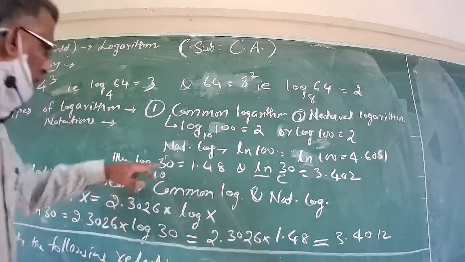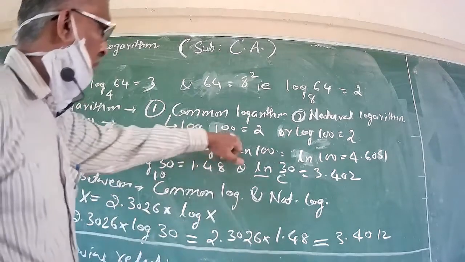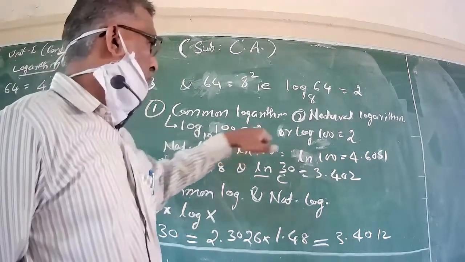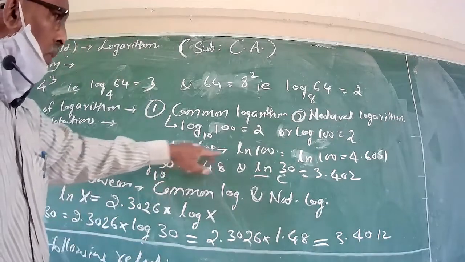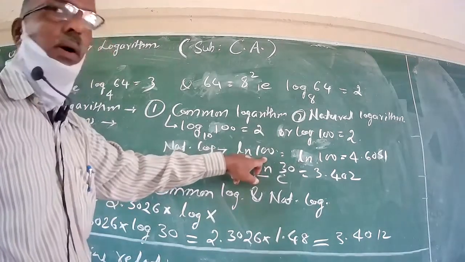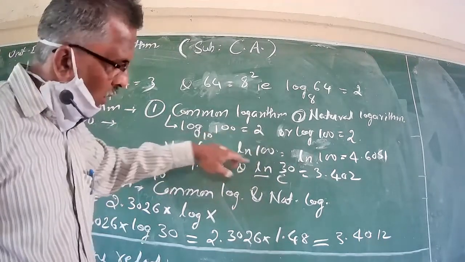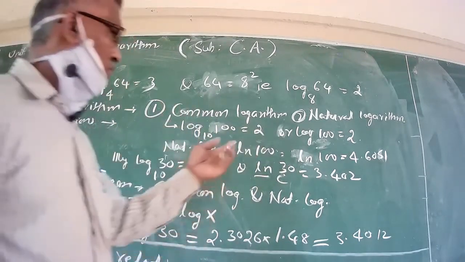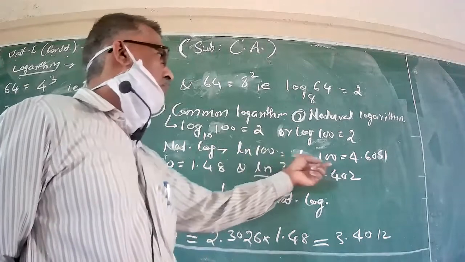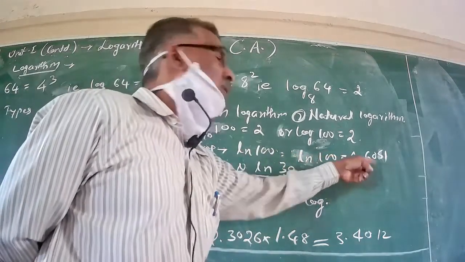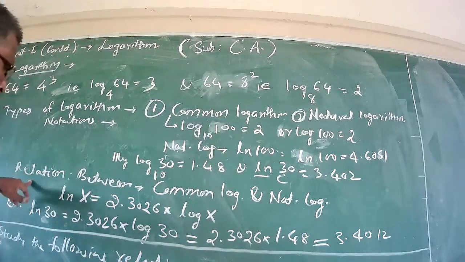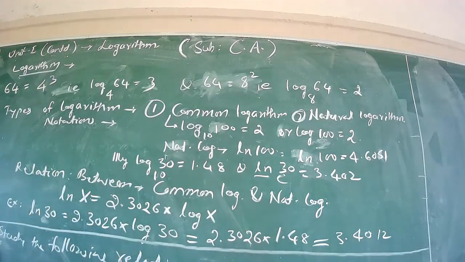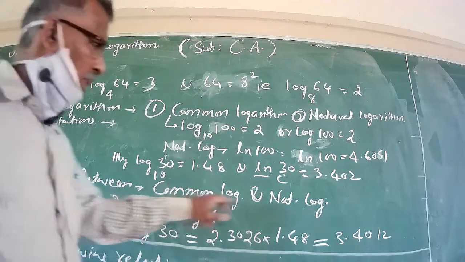For example, log of 100 to the base 10 equals 2, or log of 100 equals 2. Natural logarithm, ln of 100, means the base is e. So natural logarithm of 100 equals 4.6051, that is standard.